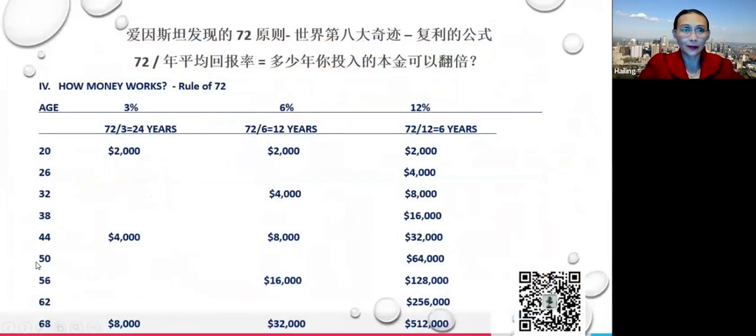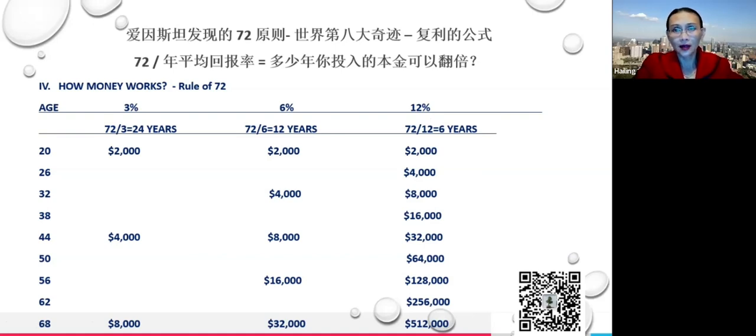And when you look at the big picture, now let me help you understand the different categories of portfolios you can choose. 3% conservative, 6% pretty much average balance, and 12% the average rate of return for an aggressive or growth portfolio.